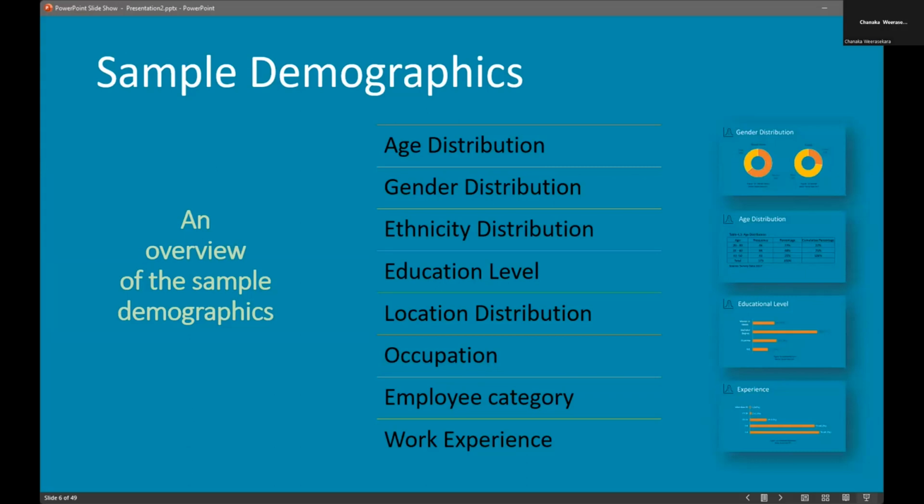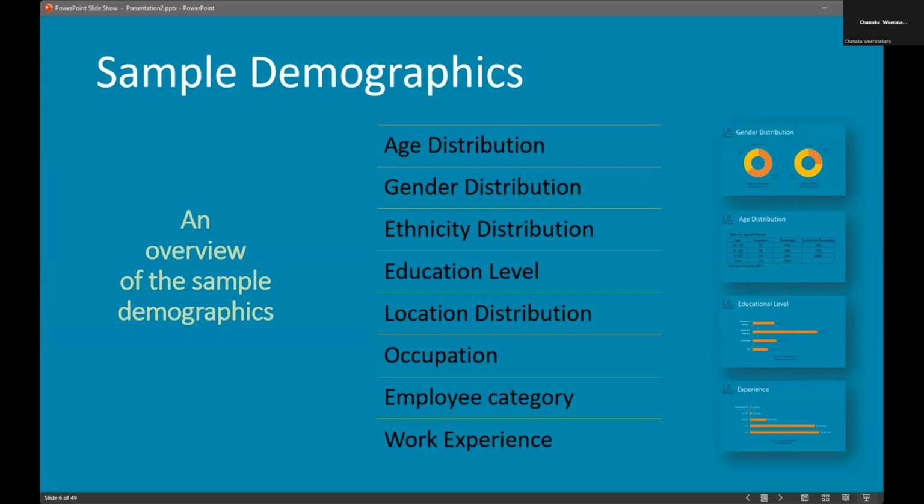Because if your sample is not representative of the population, you will not be able to generalize, and the validity and rigor of the findings of your research is quite low. It is considered a limitation, right? So let me go one by one here.